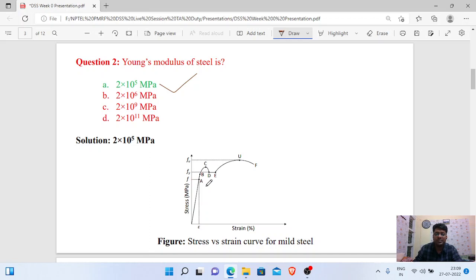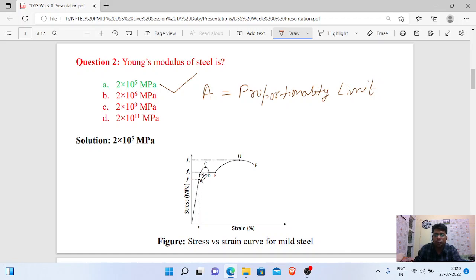Point A represents the proportionality limit. Let me write it for you: A equals proportionality limit. What is this proportionality limit? When we are stretching a material, applying a tensile force over it, the curve will start like this.